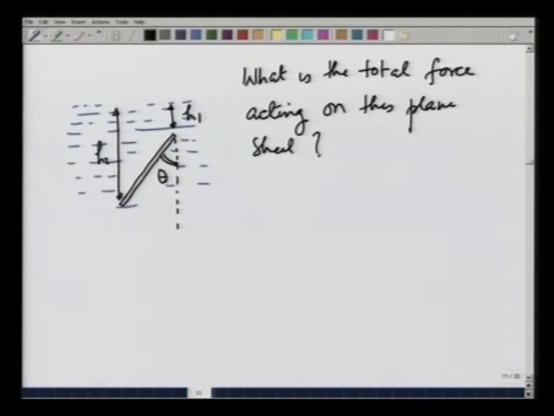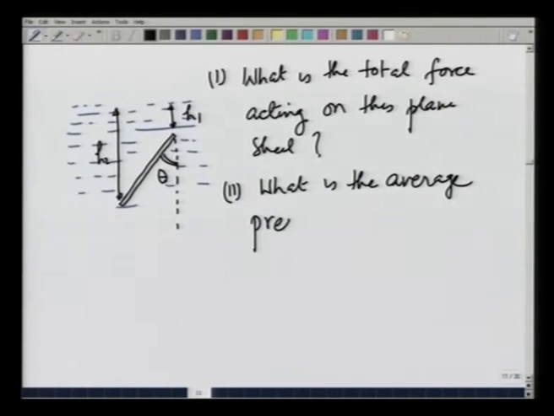Number 2, what is the average pressure? After all, the pressure varies as you go from less depth to more depth. So, what is the average pressure on the sheet?